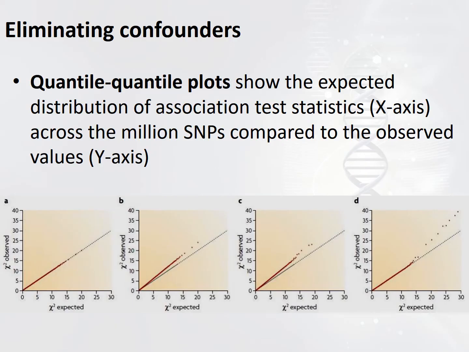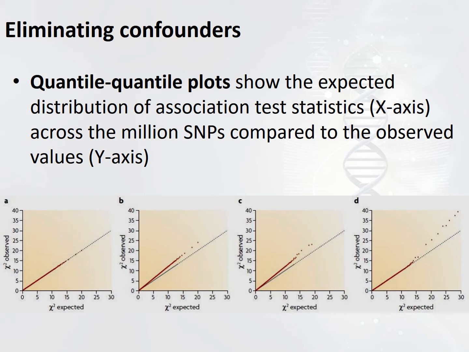So before moving forward to analyze the general data that is produced from genome-wide association studies, we need to show that there are no confounding factors at work here, and we need to be able to eliminate them if they actually are. And for that, we need to use a QQ plot or a quantile plot, which are plots that you will see in the majority of the published genome-wide association studies.